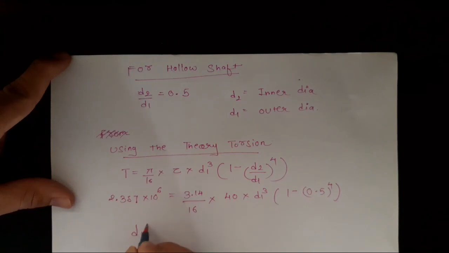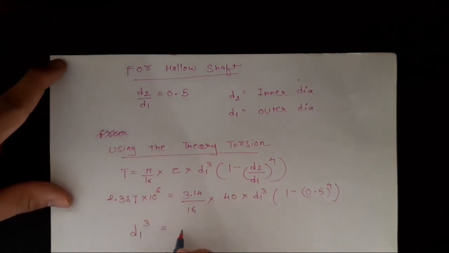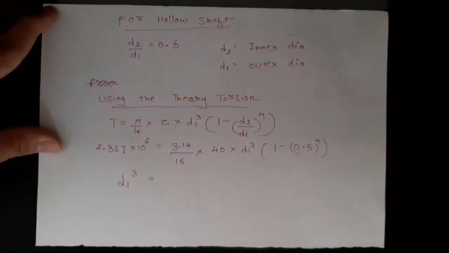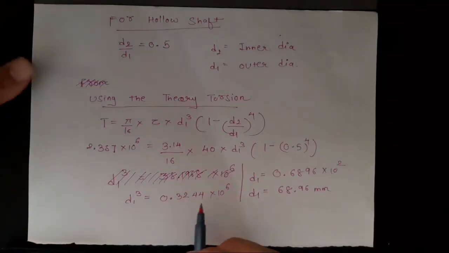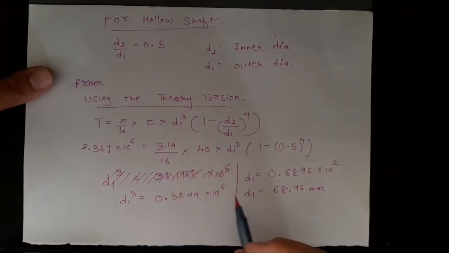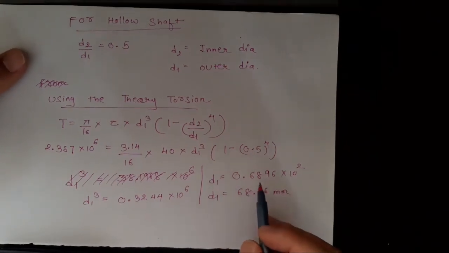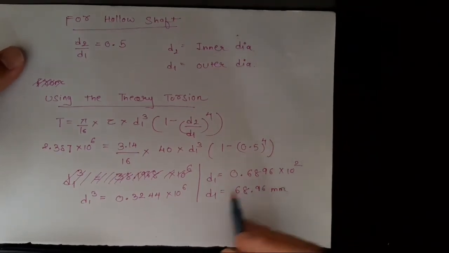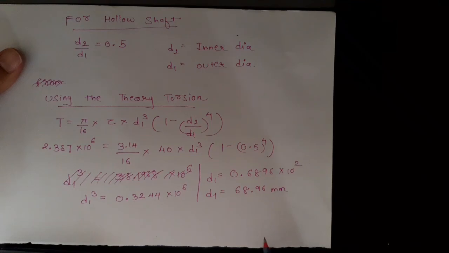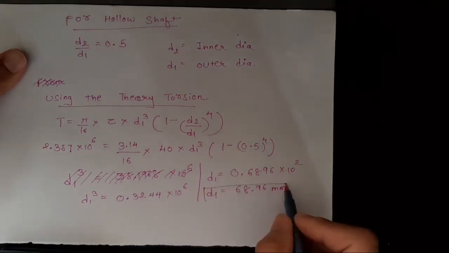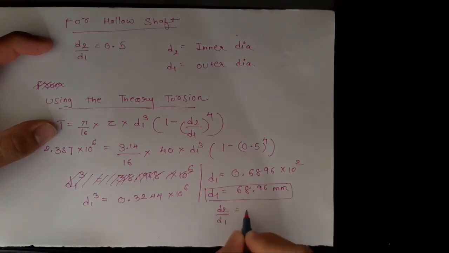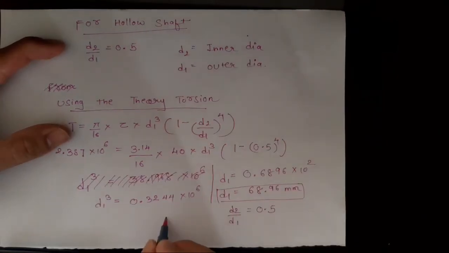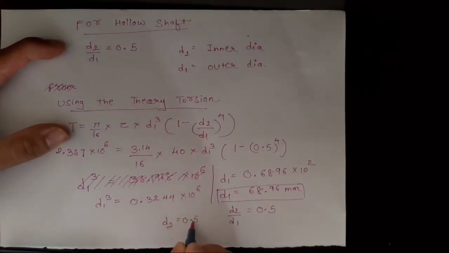From this, d1 cube is 0.3244 into 10 raised to 6. So d1 equals 0.6896 into 10 raised to 2, so d1 equals 68.96 mm. This is d1. We have d2 by d1 equals 0.5, so d2 equals 0.5 d1.